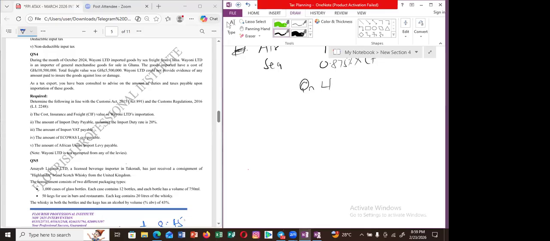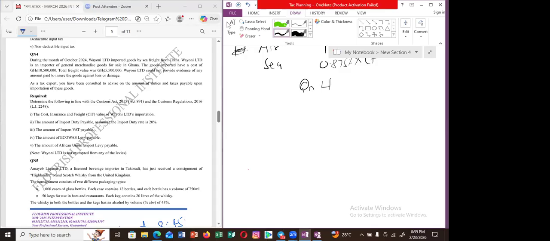As a tax expert, he has been consulted to advise on the amount of duties and taxes payable upon importation of these goods. Determine the following in line with the Customs Act and the Customs Regulation: I. The cost, insurance, freight value of Wyono Limited's importation. II.